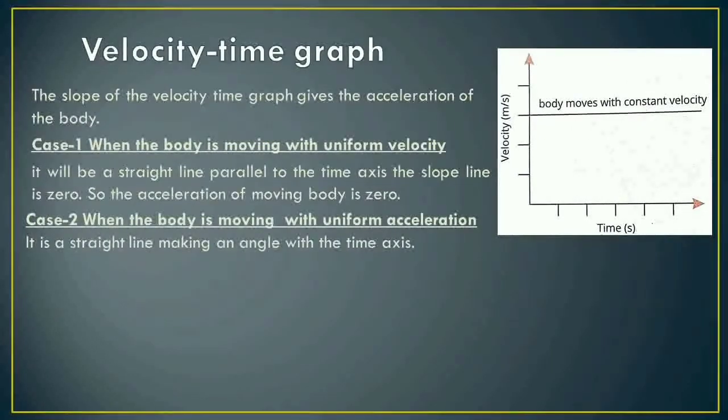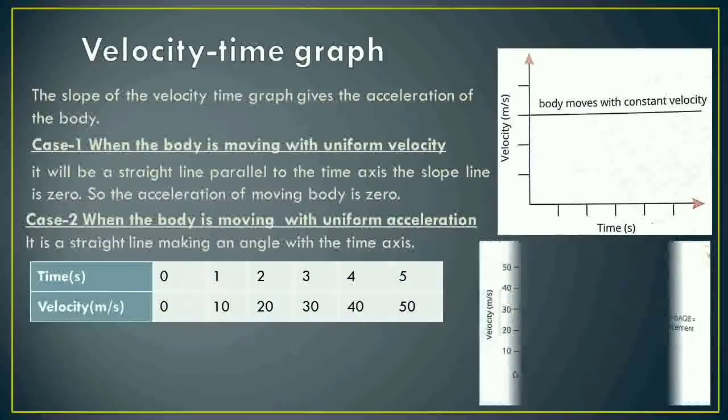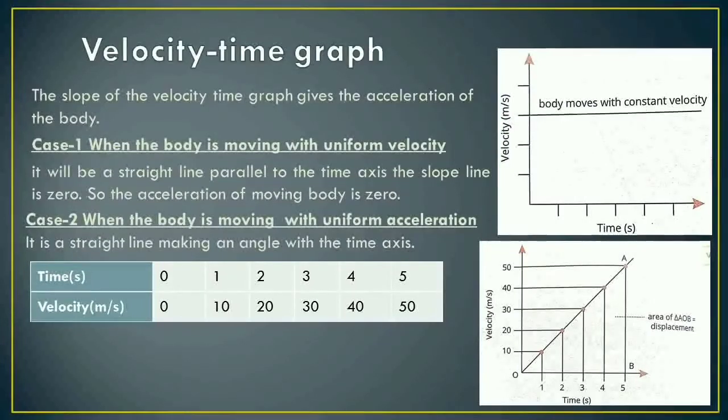The velocity time graph for a body moving with uniform acceleration is a straight line making an angle with the time axis, or we can say the x-axis. It is a straight line sloping upward and passing through the origin. The slope of the velocity time graph gives the acceleration of the body.